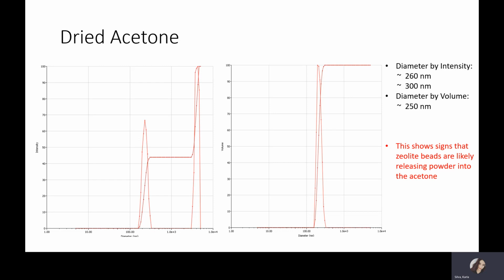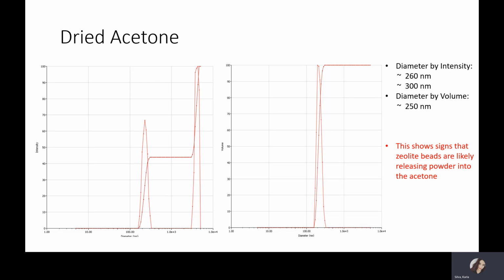Now, what I noticed is I had peaks, and I was not expecting peaks. In our intensity versus our diameter, I had 2 different peaks, one at 260 nanometers and the other at around 300 nanometers. And this was a sign that there were particles already in my acetone, which was not the best thing to happen.